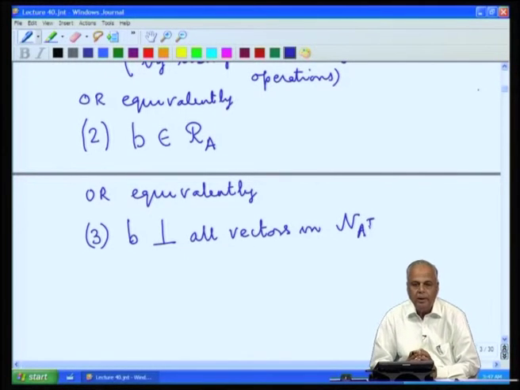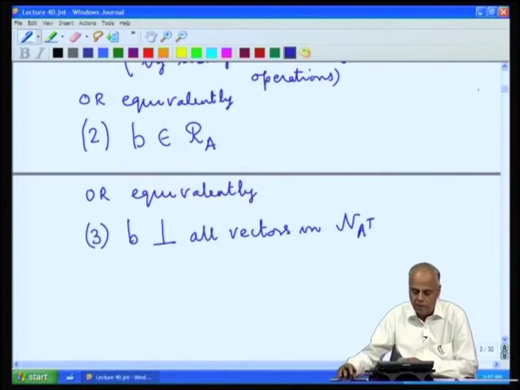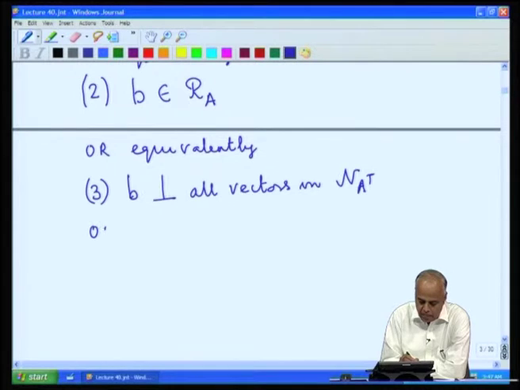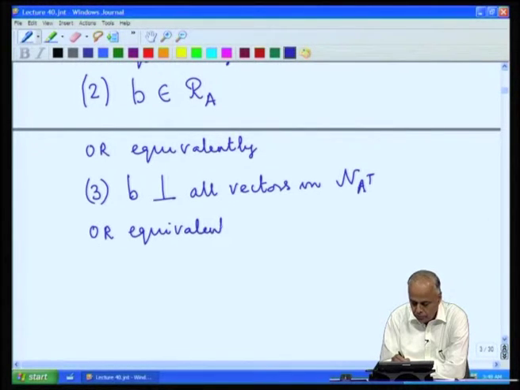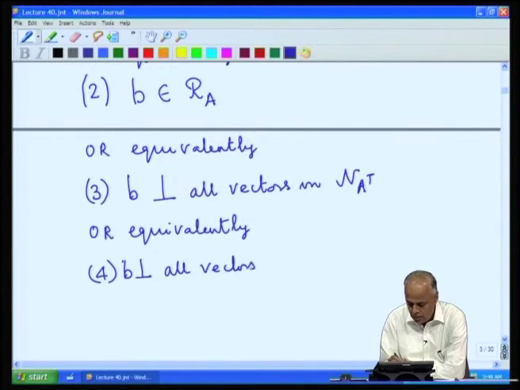Now, a vector is orthogonal to all the vectors in a subspace if it is orthogonal to all the basis vectors, and therefore, this can be stated equivalently as B is orthogonal to all vectors in a basis for N(A transpose).